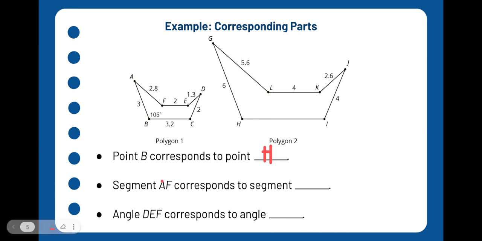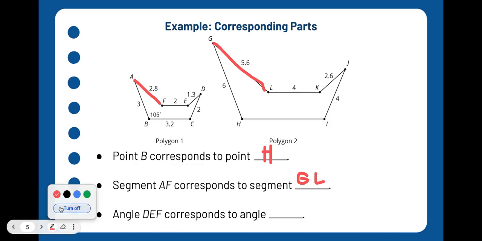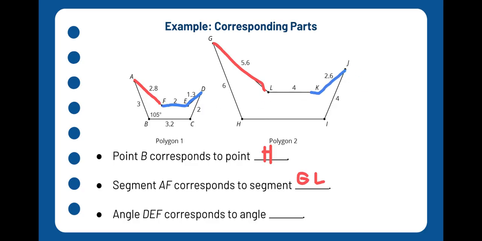And then segment AF, which is right here, corresponds to the exact same one, and it would be GL. And then finally, angle DEF corresponds to the exact same one, JKL. JKL. All right. Make sure you get that down before we go on to the next slide.